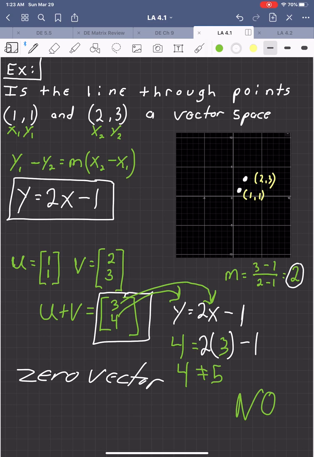So if x is 0 and y is 0, you end up with a statement that 0 is equal to -1. That right there is enough to show that the line does not go through the origin. Just when I drew it a second ago, I was a little bit sloppy. You couldn't really show that it didn't actually go through the origin. So that's why I erased the line. But if you draw it, that line does not go through the origin. Therefore, no, this is not a vector space.